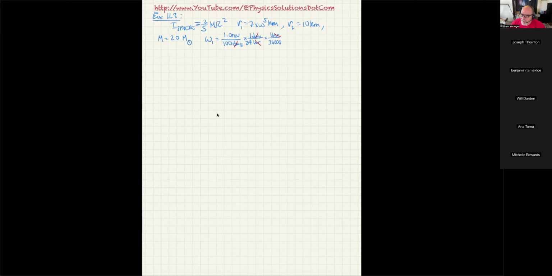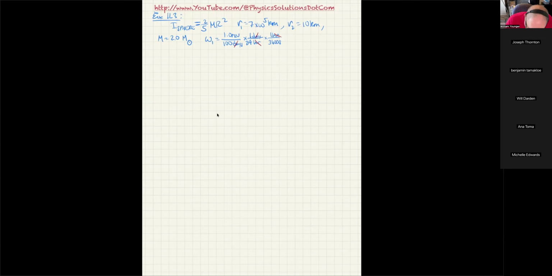I could put it in radians if I wished, but revolutions per second would be fine. So 1 times 1 times 1 gives me 1, and then I divide it by 100 times 24 times 3,600.